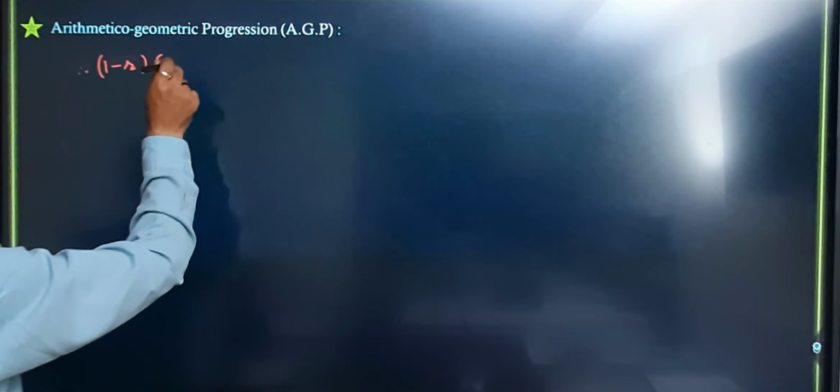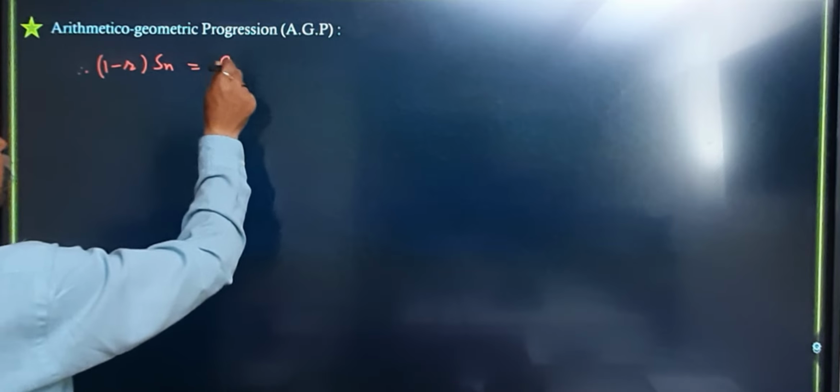Therefore, 1 minus R into Sn, the first term was A, plus we will take DR common.